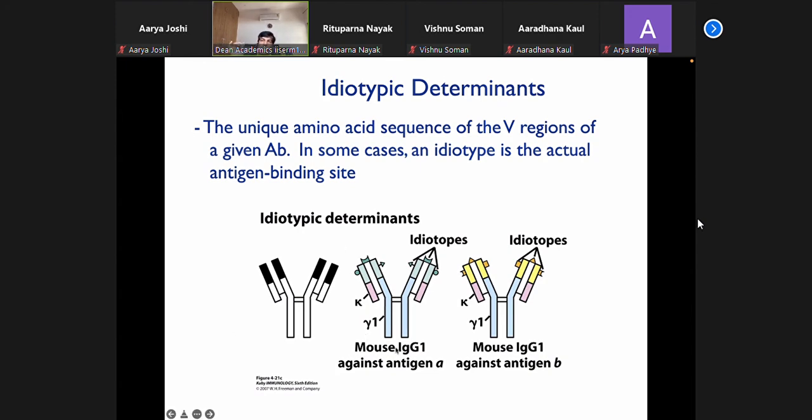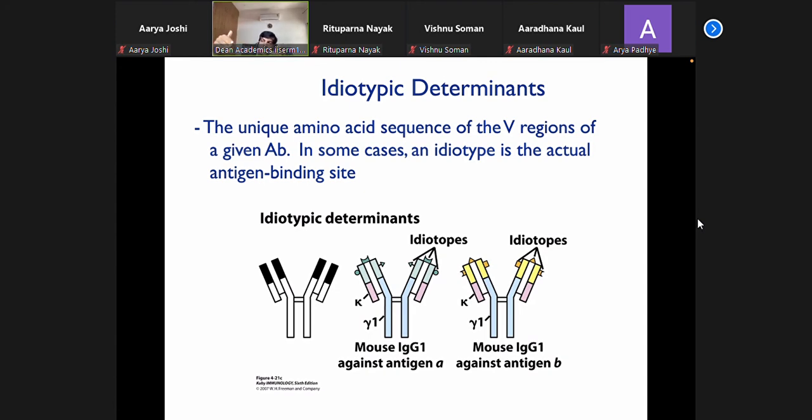For example, if I isolate antibody from Vishnu and inject it into another student, the recipient will have antibodies generated against the antibody molecule. Those will be called allotypic determinants. Idiotypic ones are within the same individual. For example, I have one antibody, and because of its formation, some epitopes are uniquely constituted, and they can be recognized by my own B cells, right?